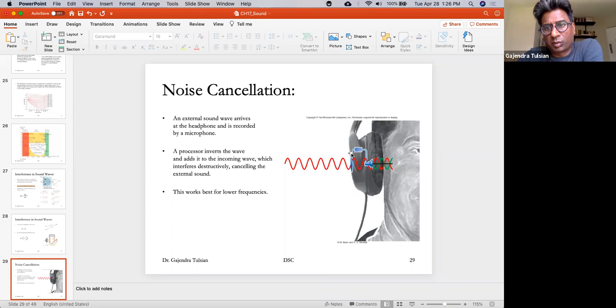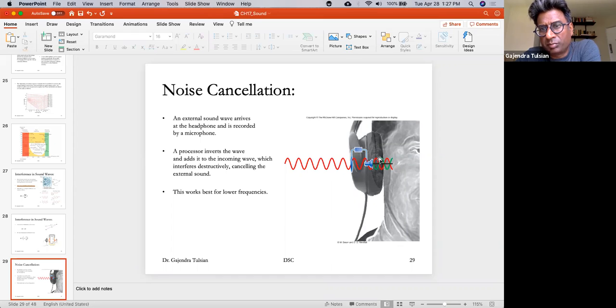All right, so the way it works is outside sound is sampled here. It's sent to a processing unit. So this is the processing unit. All it does is it takes a wave and inverts the wave. So there is the original wave, outside noise coming in, and this processor has produced an opposite wave.